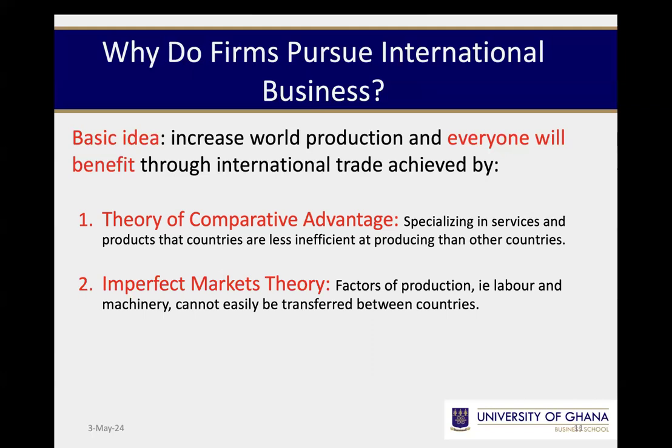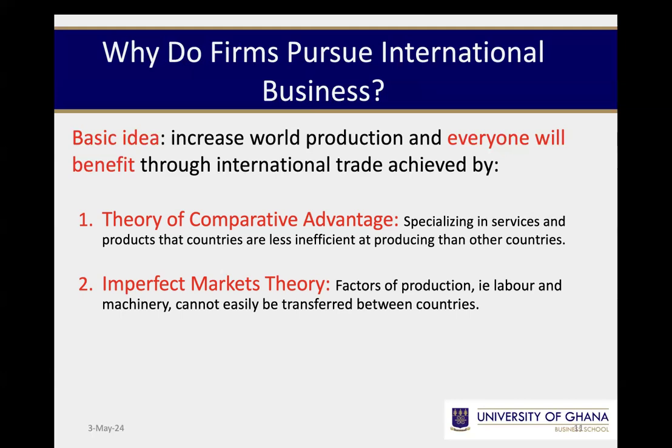But clearly, by the time we move the gold from Ghana to Taiwan for the production of the gold jewelry, the cost of movement, that's the transaction costs of movement, etc., would result in it becoming so much more expensive.